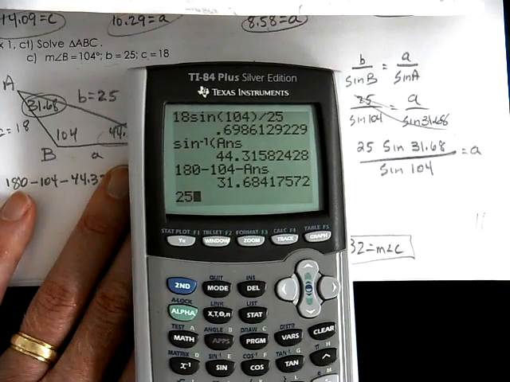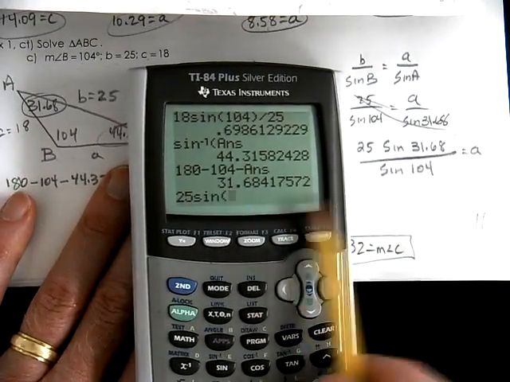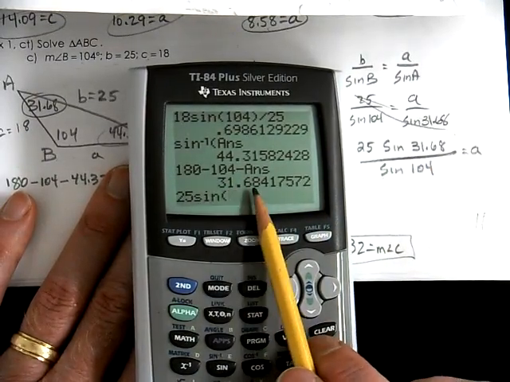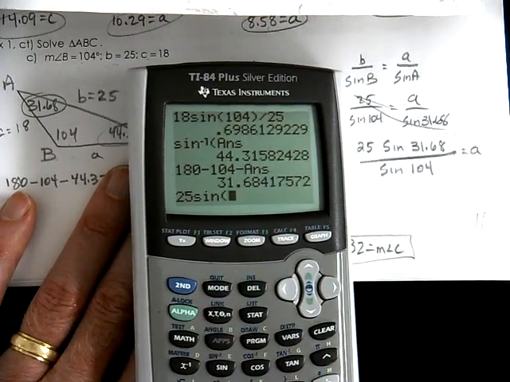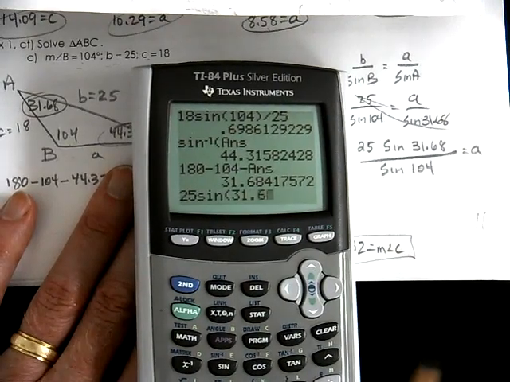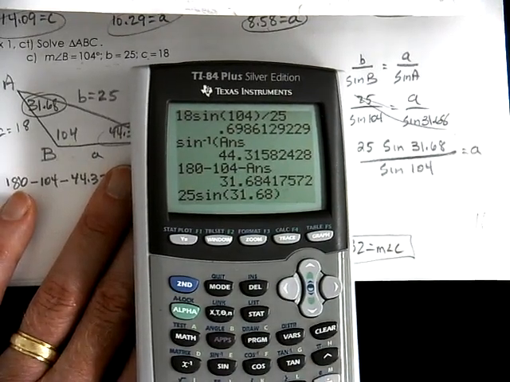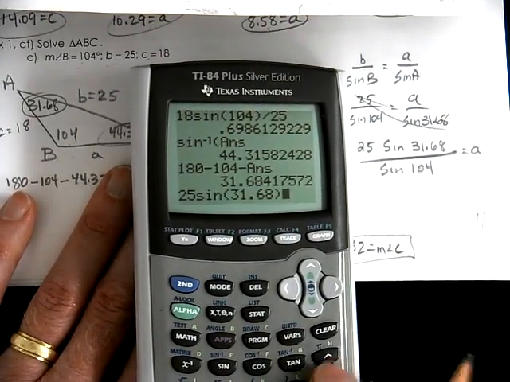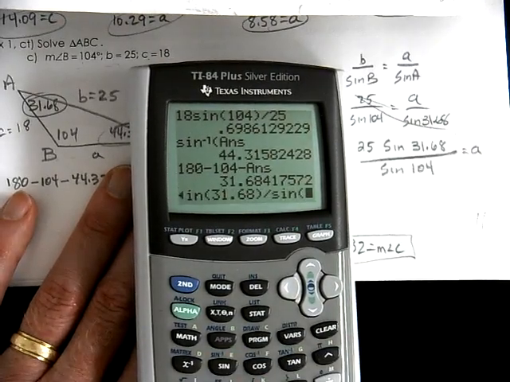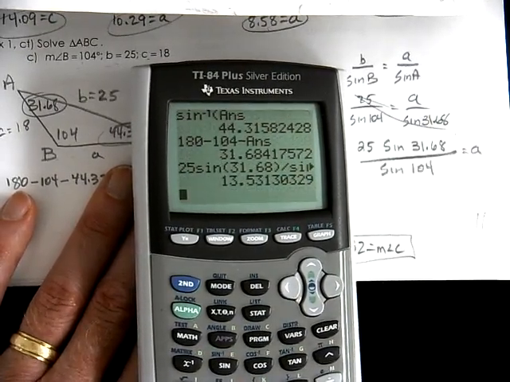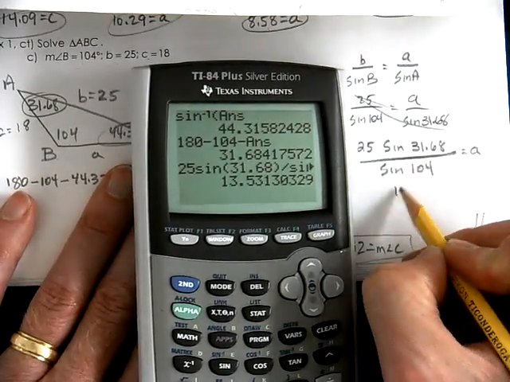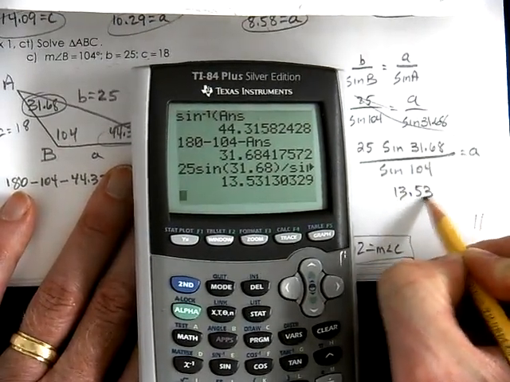So we've got 25 times the sine. Now, because 31.68 was the last thing we typed in, you could use the answer button. That would be outstanding to use. But I'll be okay if you use a rounded value. We'll try to see if there's much of a difference. I wouldn't expect there to be one here. So we have 13.53.